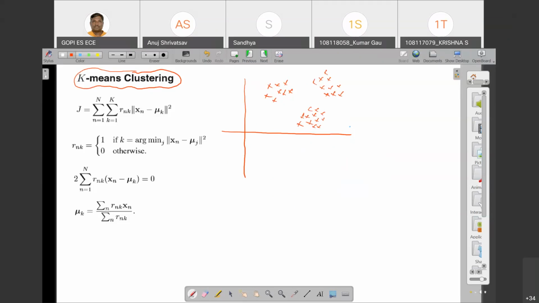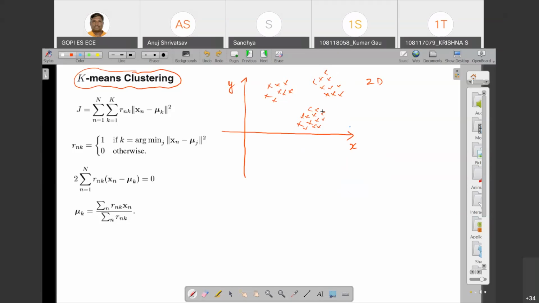This is a 2D space having elements X and Y. Visually, we are able to understand that there are 3 clusters available: cluster 1, cluster 2, and cluster 3.